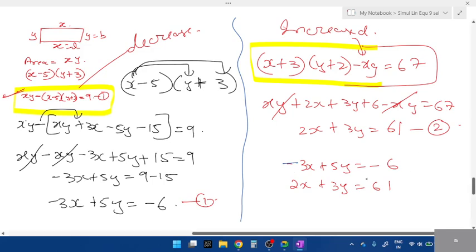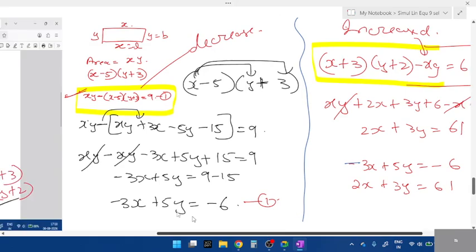Okay, try this later. Find x and y. Shall we do the next one, or complete it? Be quick.